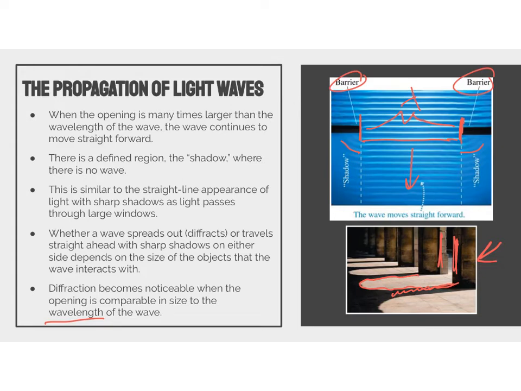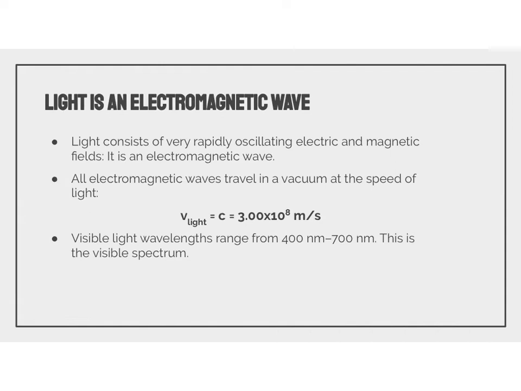Now, when we talk about visible light, we're talking between 400 and 700, not meters, but nanometers, so times 10 to the negative 9th meters. Very, very small wavelength. So if our barriers are too far apart and we have too big of an opening, we're not going to see the wave nature of light.